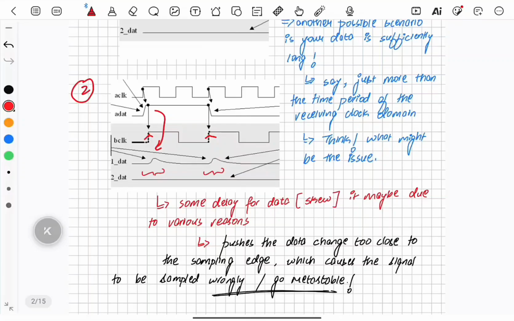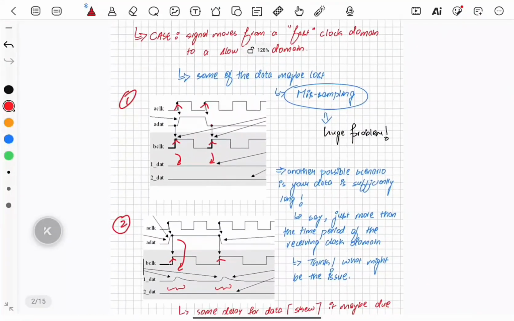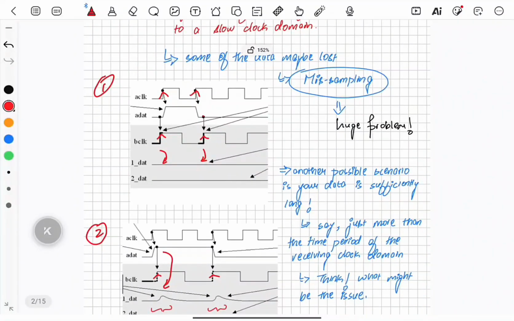So that is why this is the issue. I think you have understood what the issue is: if the signal from the transmitting domain is not stable for at least two receiving clock edges, then there might be a chance of missampling or data loss.